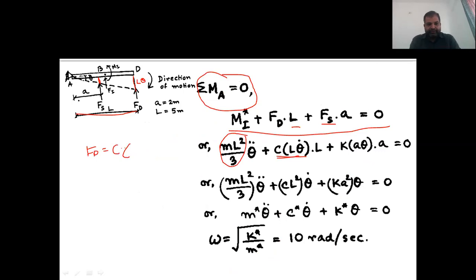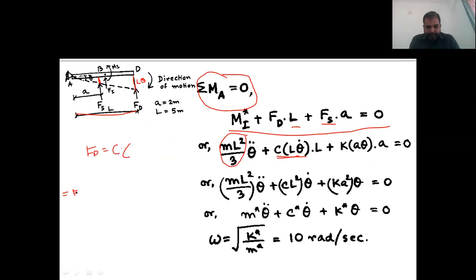If you put it in here, and if I'm taking directly the moment at point A, then what will come? I'm writing here again. First, Fi into this distance, which is L by 2, right?